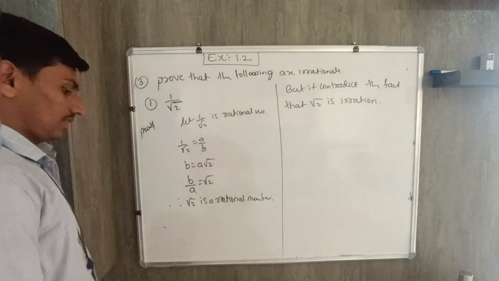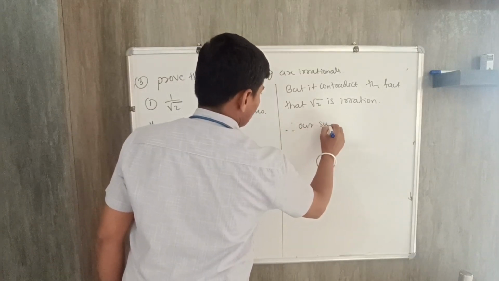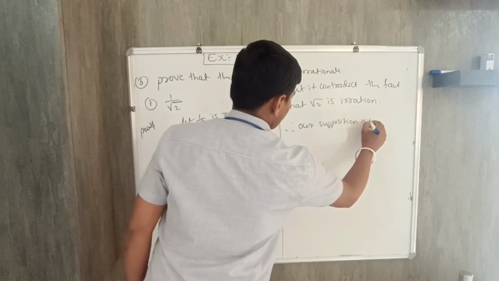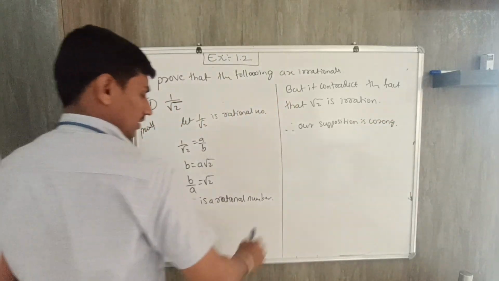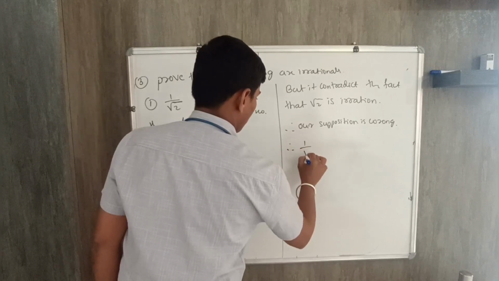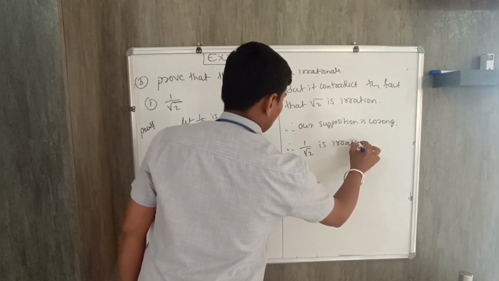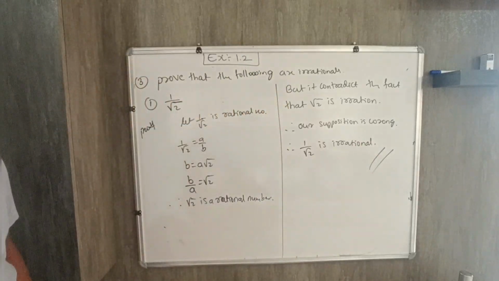Our supposition is wrong. So therefore, our supposition is wrong. So 1 by root 2 is irrational. So this is your answer. Okay. Any doubts?